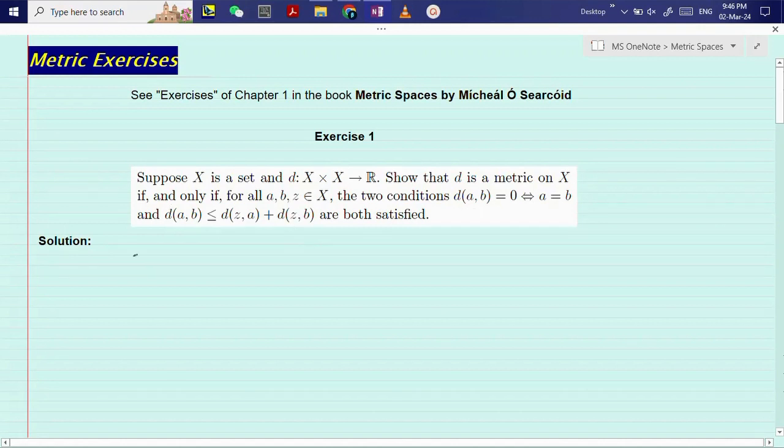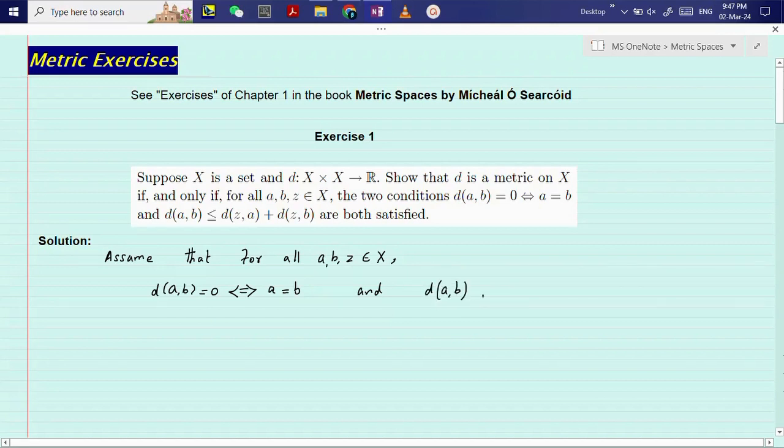So first of all, we assume that for all a, b and z belonging to X, D of AB is equal to 0 if and only if A is equal to B, and D of AB is less than or equal to D of ZA plus D of ZB.